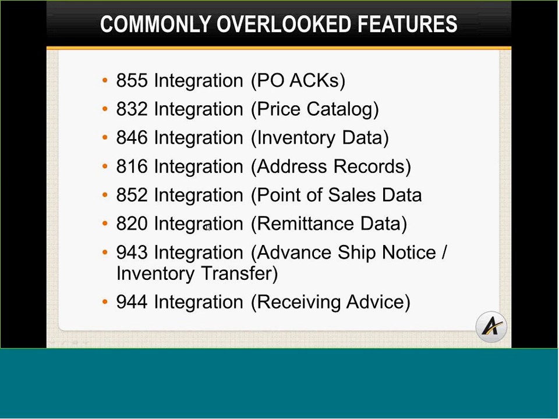820s, again, are a breakdown of the payments that are received from a customer. That itemizes all the invoices that were included in an electronic payment, any chargebacks, discounts, and trade discounts that were taken off of that invoice. We can create the 820 in GP and create a cash receipt of all the invoices.